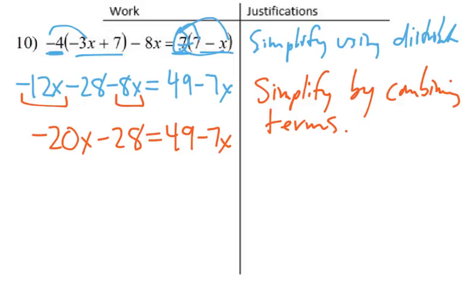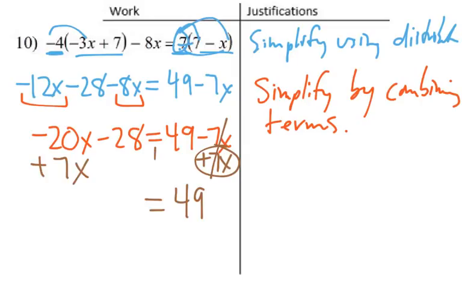So I'd look at this and say, hey, I can add 7x to both sides. So because I'm now changing this, I'm getting rid of that negative 7x by adding 7x to it. Because I'm changing that right side, we have to change the left side by adding that 7x. To maintain our equality, we've got to do it to both sides.